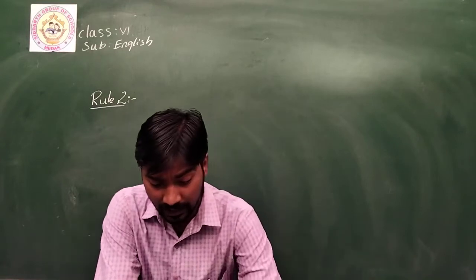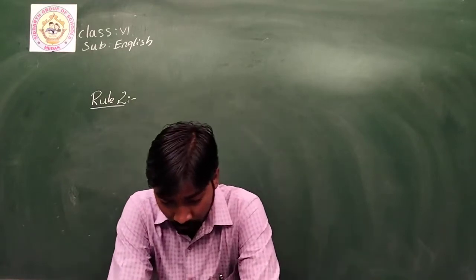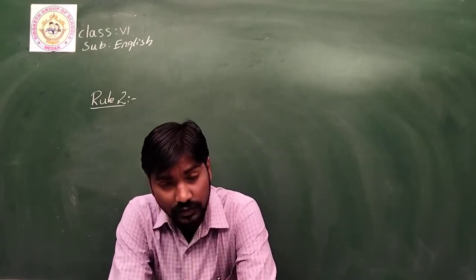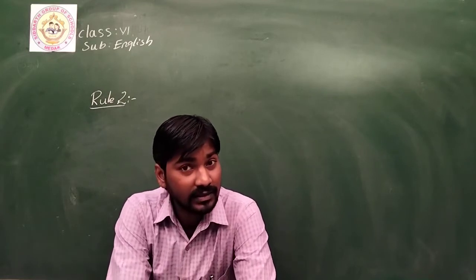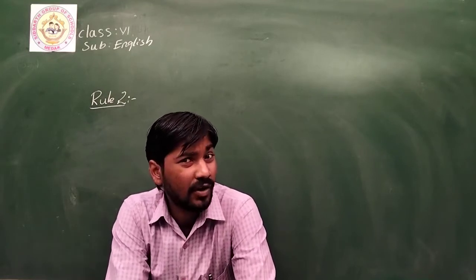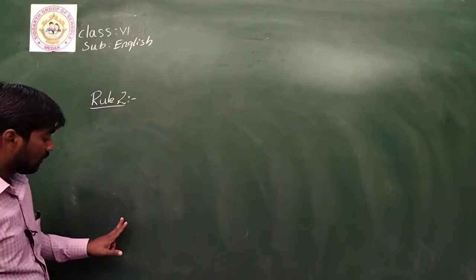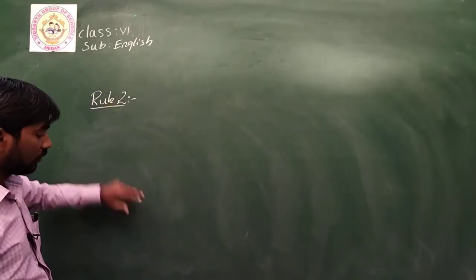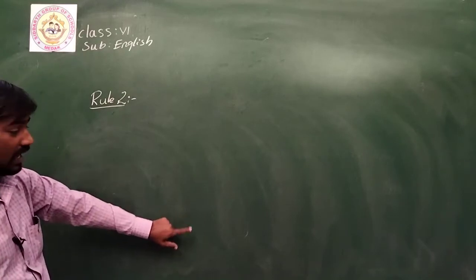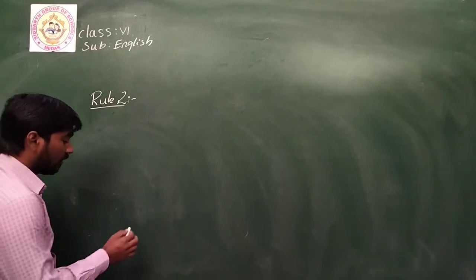Now we have a second rule here: uncountable nouns. Previously we discussed only the example a or an. Oh, sorry children, you have written the example here now. Continuation examples before rule 2, one more example. Where we use a, I have not given an example.